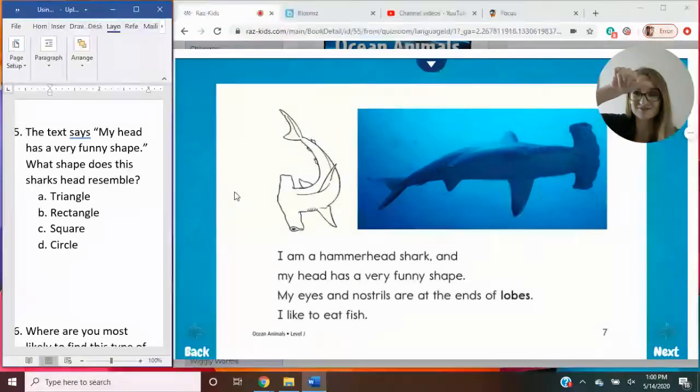A triangle, B, a rectangle, C, a square, D, a circle. Yes, very good. It is a rectangle indeed. We can see that the shape this is closest to on the head is a rectangle. It's got two long sides and two short sides. Very good. Let's keep going.